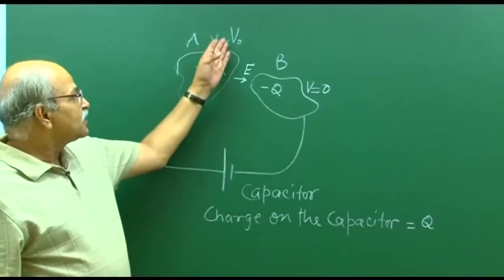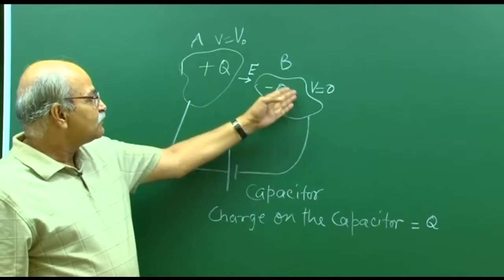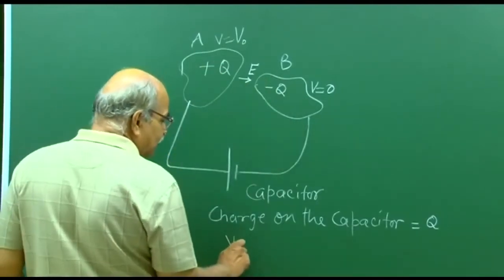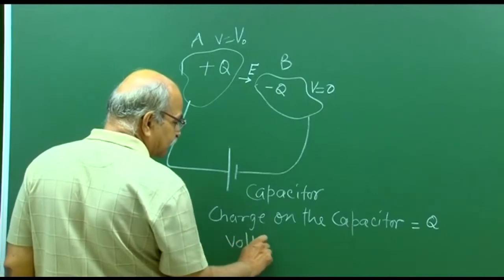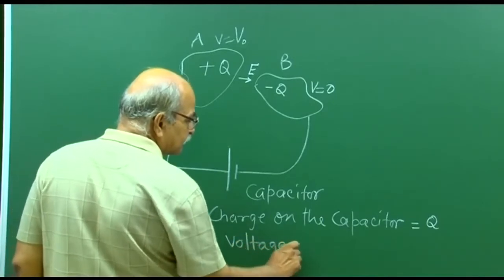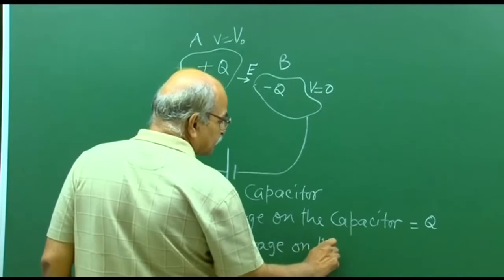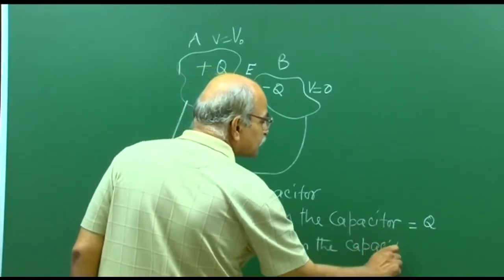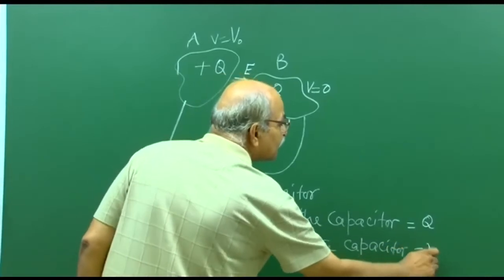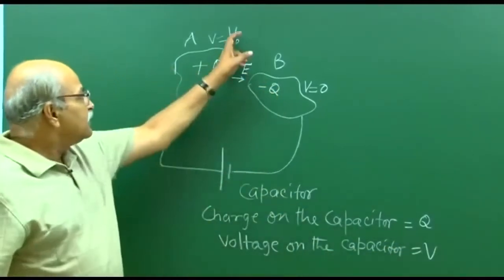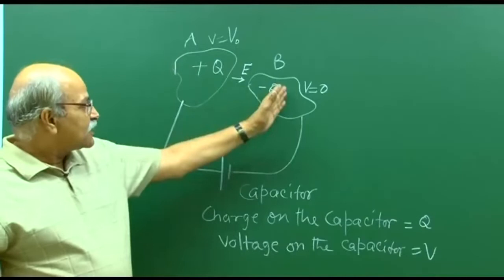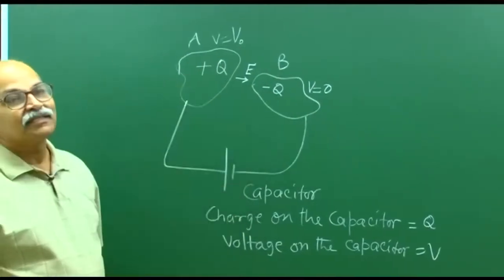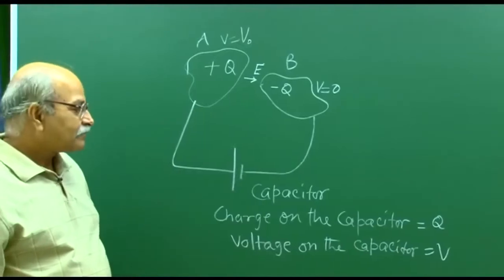Then you have this potential difference. Here it is V naught, but let us say V. V is the potential difference between these two conductors, and that is typically known as the voltage on the capacitor.